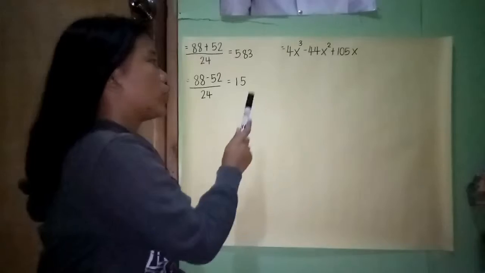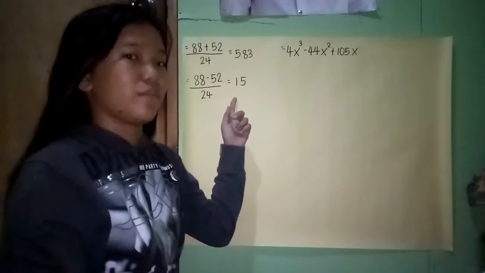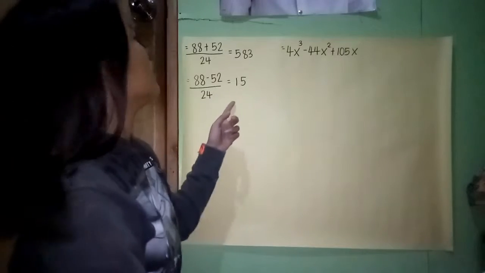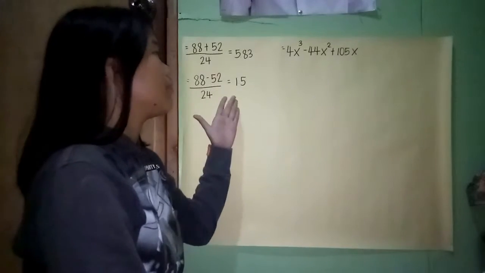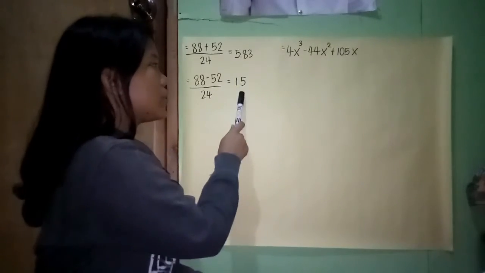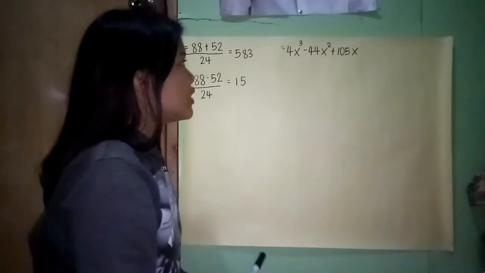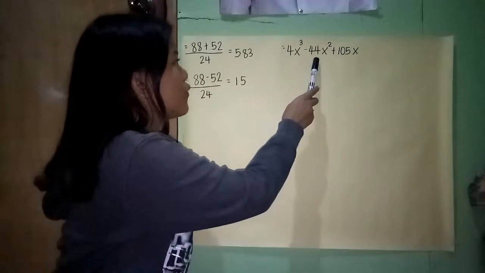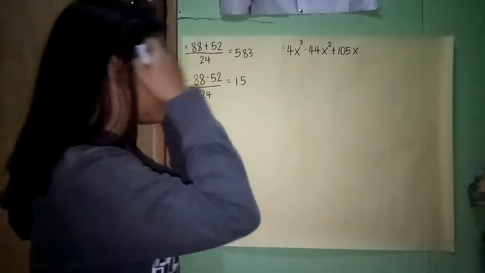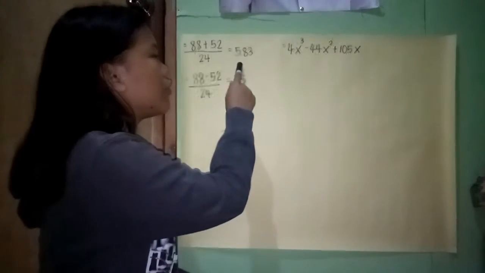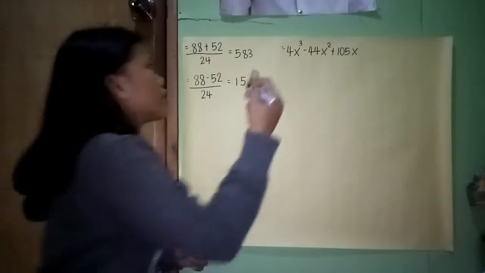From these two answers, one of them is our edge length of the cut out squares. To find out which is it, we are going to substitute these values into our original function, which is 4x cubed minus 44x squared plus 105x. First, we are going to substitute the value of 5.83.